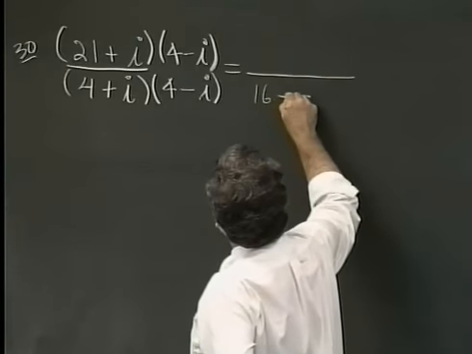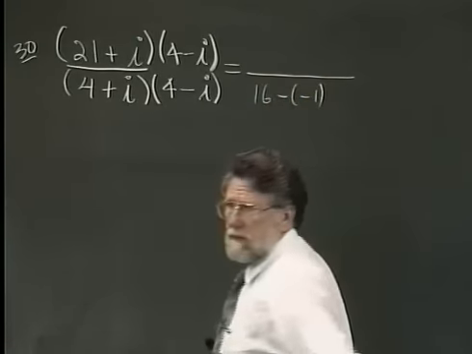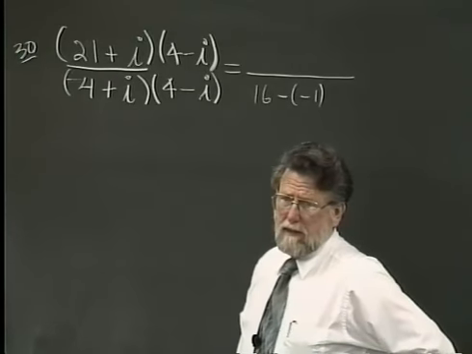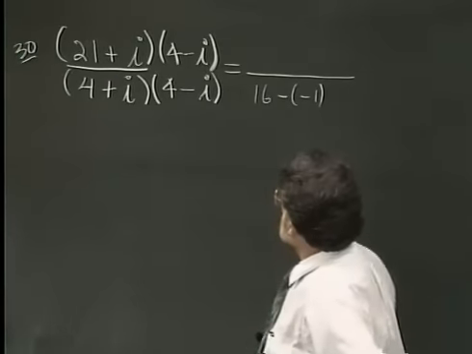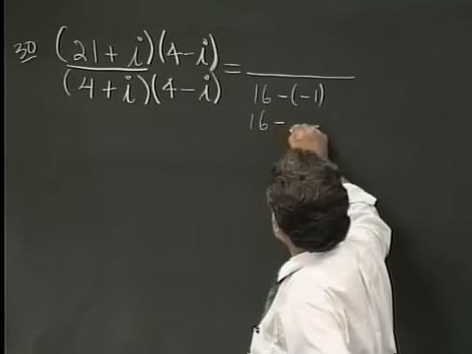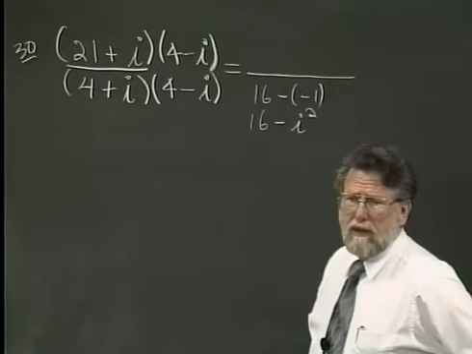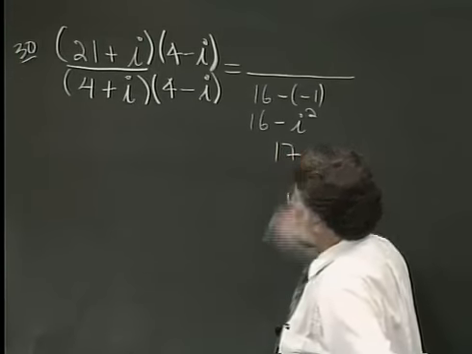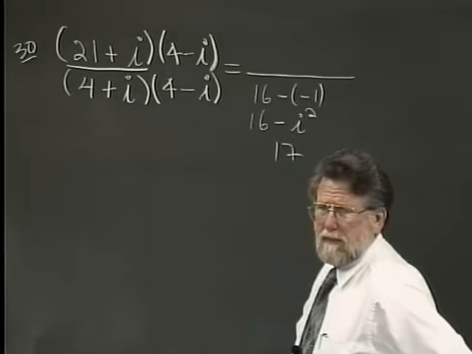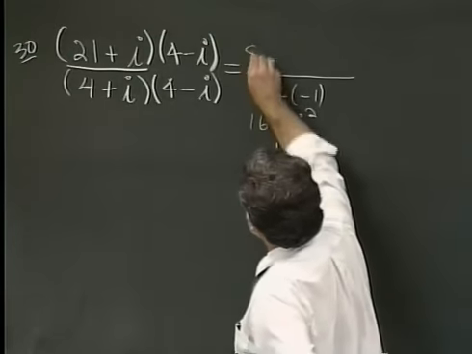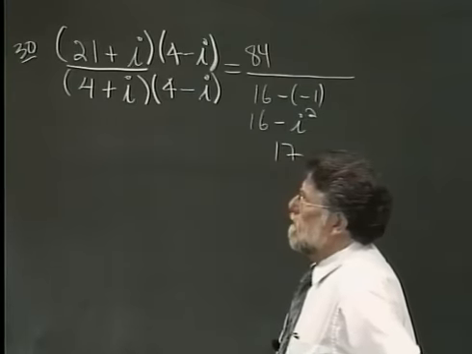So I'm going to have 16 minus a minus 1. Is that part okay? Because that's 16 minus I squared. But I squared is minus 1, so that's going to become 17. In the numerator, I have the 84, 4 times 21.